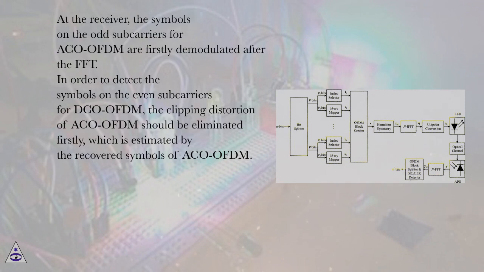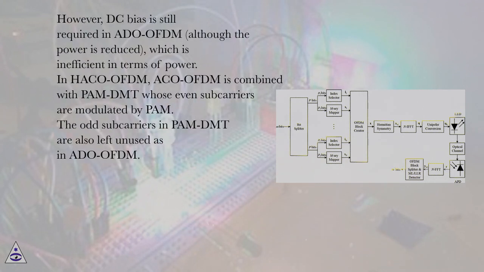In order to detect the symbols on the even subcarriers for DCO-OFDM, the clipping distortion of ACO-OFDM should be eliminated first, which is estimated from the recovered symbols of ACO-OFDM. However, DC bias is still required in ADO-OFDM, although the power is reduced, which is inefficient in terms of power.